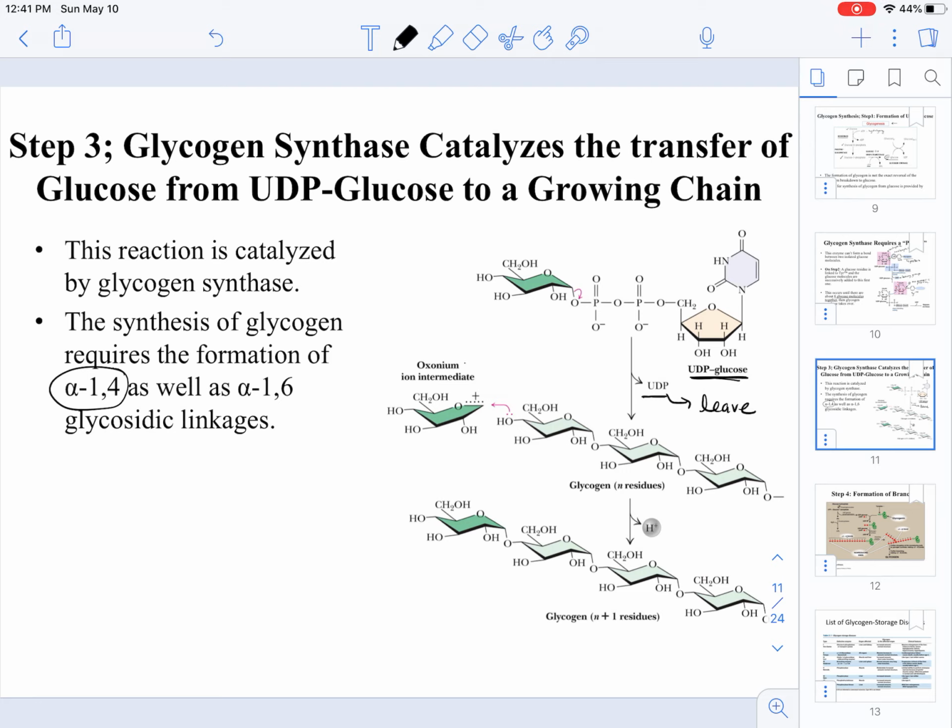We are going to be forming an oxonium ion intermediate, and the carbon is going to be our electrophile. And in this instance, the hydroxyl group at carbon 4 is going to be our nucleophile. And that's how you make alpha 1,4 bonds.